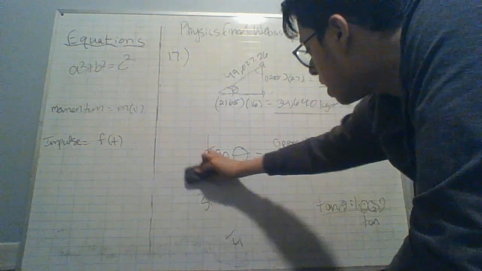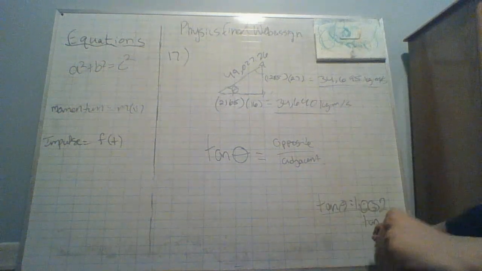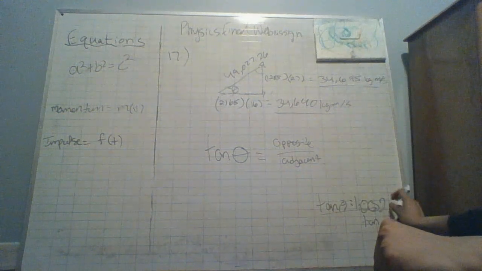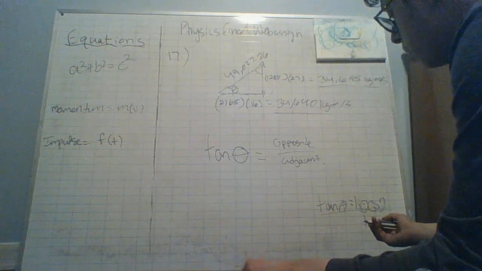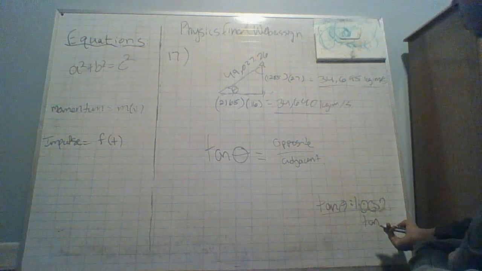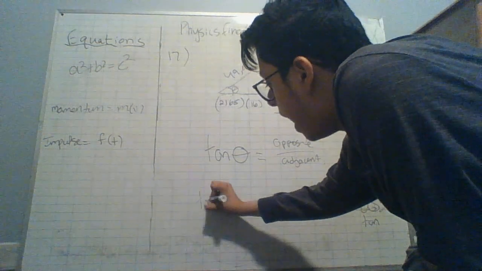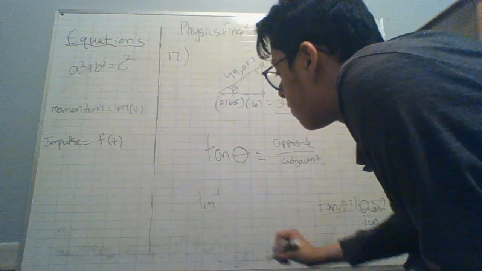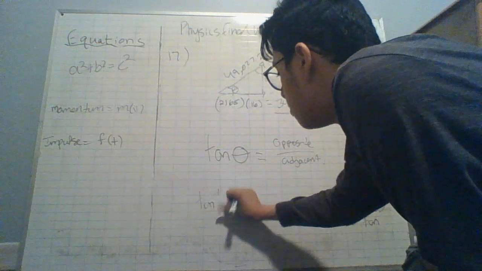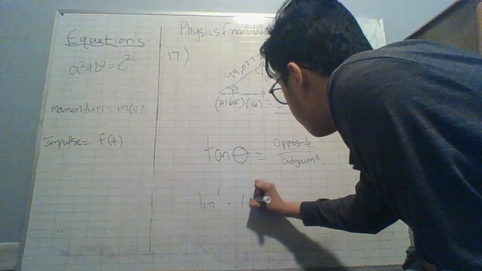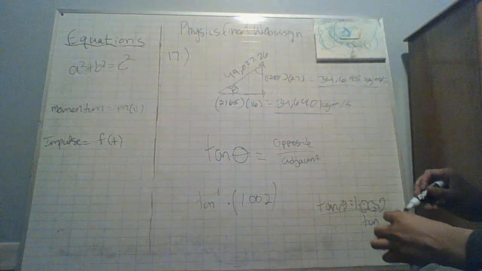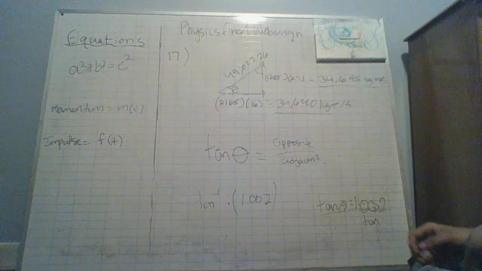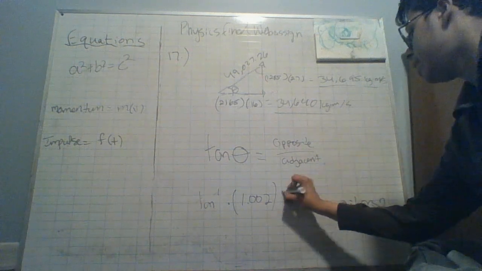So it is the exact same thing with tangent. I have something over tangent, so I'm going to do tangent to the negative first power, and I'm going to multiply that by 1.002. Maybe put this in parentheses as well, so it doesn't mess up anything on your calculator. And then I can get theta.